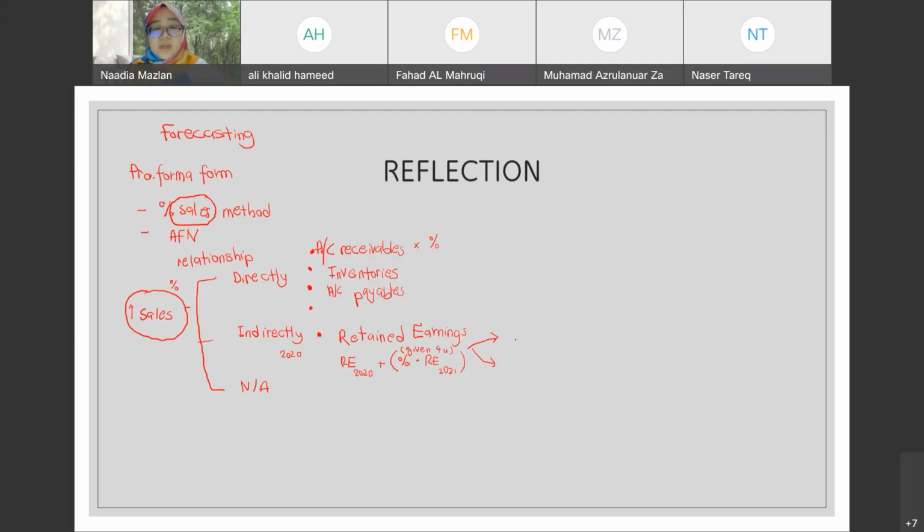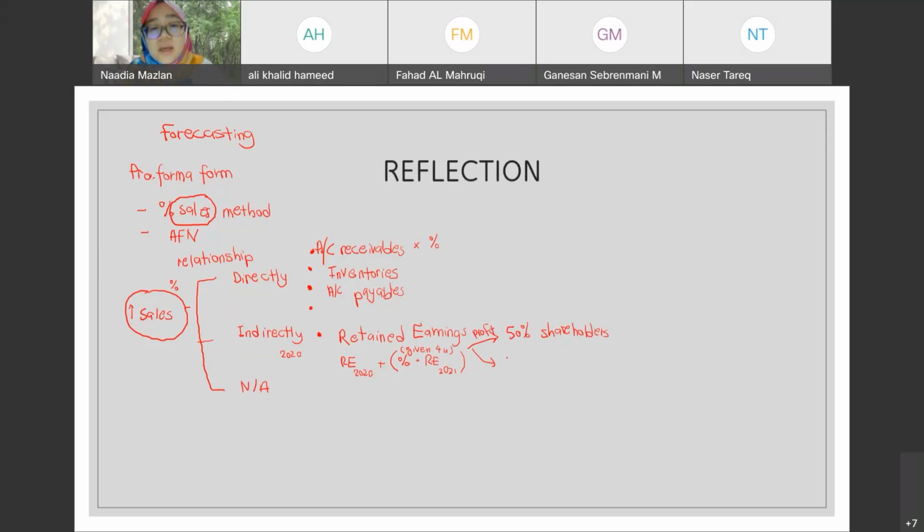In retained earnings, let's say 50% will be given to the shareholders, for example, based on the profit. Do we call that dividend? Yes, we can.